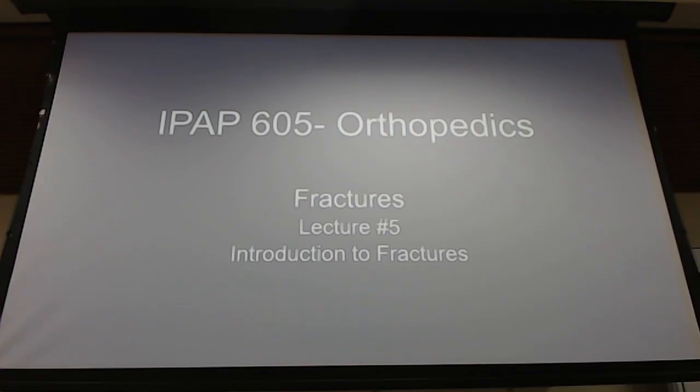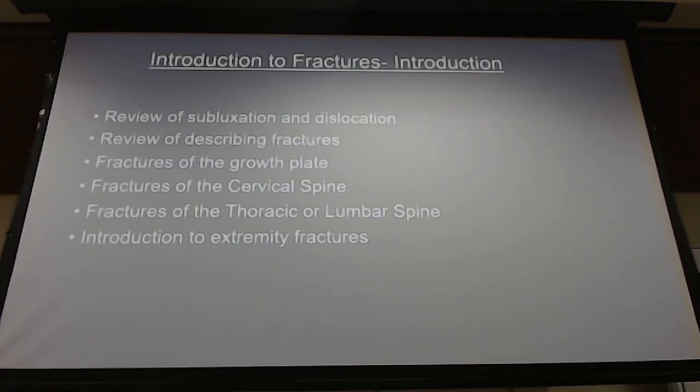So, let's see. Okay. We're going to review subluxations and dislocations: what denotes a sprain versus a partial dislocation versus a complete dislocation. We're going to talk about how you describe fractures. We spent a little bit of time on fractures of the growth plate. Not a whole lot, because I know you got some of it in your previous blocks, and I was told that you covered it at length during your radiology blocks.